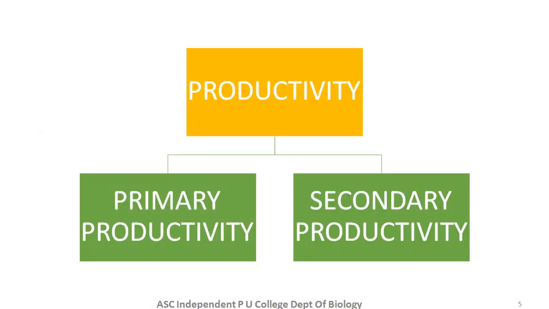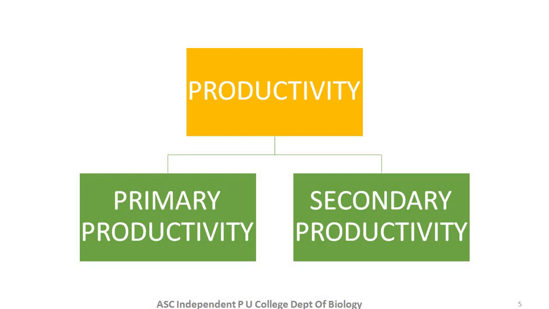There are two types of productivity, primary productivity and secondary productivity. As we all know, productivity refers to the rate of biomass production. So biomass production refers to living organisms. In an ecosystem, living organisms include the producers, the consumers and decomposers. With respect to productivity, we have two types.